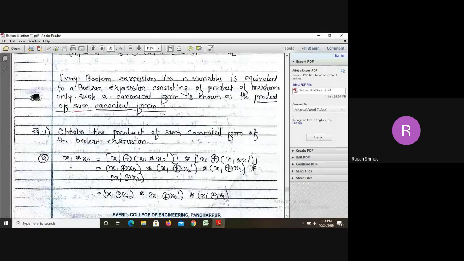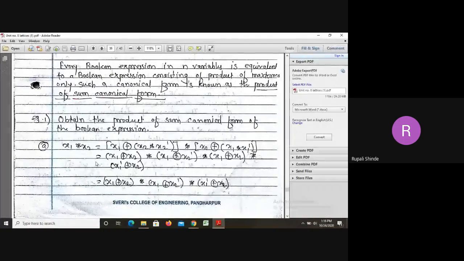So here the product is there. We can consider x1 and x2 as two separate variables, and for these two variables we have to define the product of sum canonical form. For this x1 we have to think about which variable is missing.